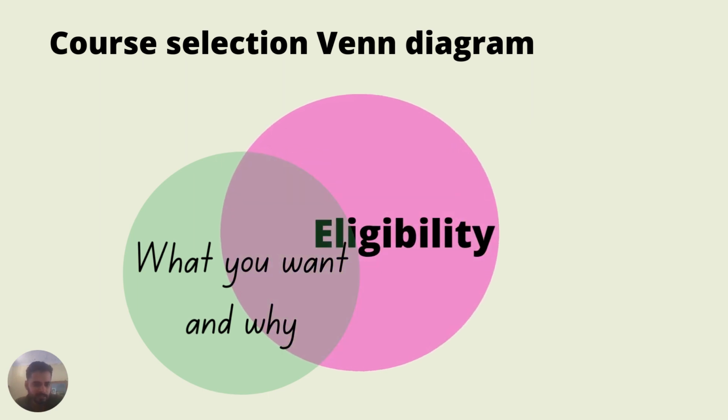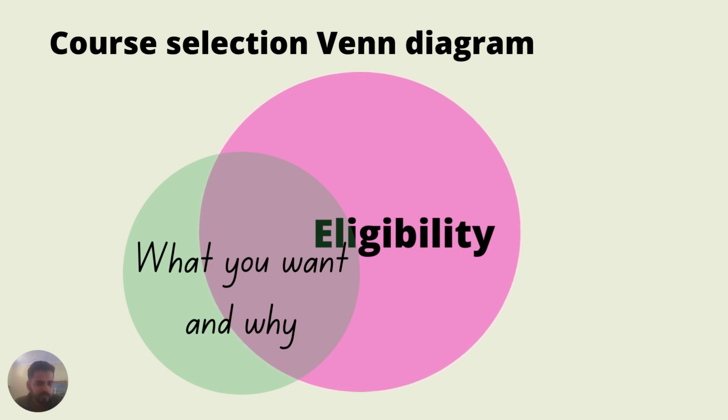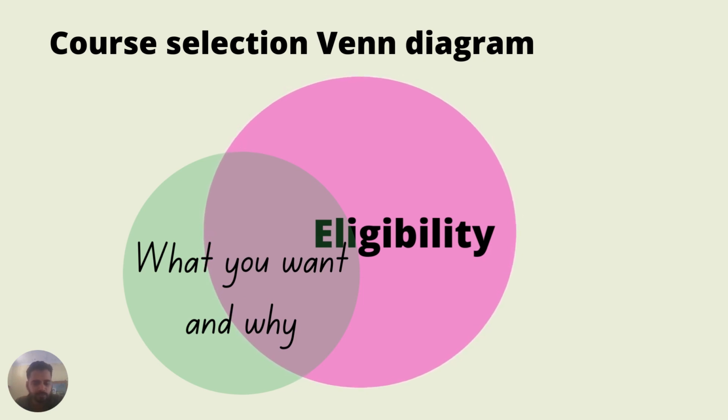Then second comes the eligibility. When we talk about course selection, these two things should be matched. There is another thing which we will discuss in upcoming slides, but these two must match.